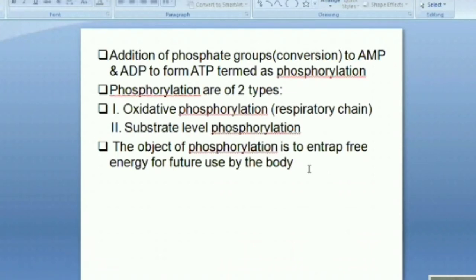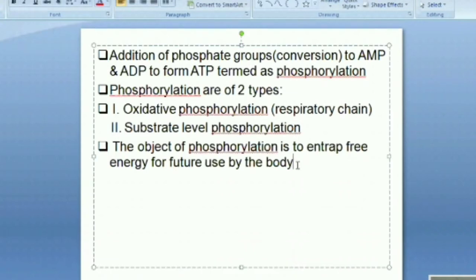The citric acid cycle includes citrate, isocitrate, alpha ketoglutarate, alpha ketoglutarate to succinyl CoA, succinyl CoA to succinate, succinate to fumarate, fumarate to malate, malate to oxaloacetate, and that oxaloacetate again condenses with acetyl CoA to form citrate. Is it clear? I think this should remain in your mind.